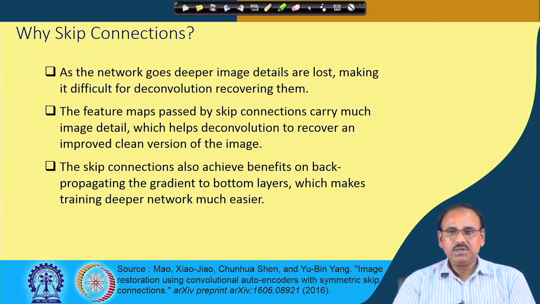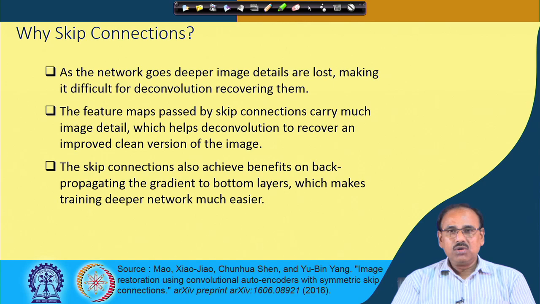So, when the deconvolution layer tries to upsample the image, it will get that detailed information from its peer convolution layer. So, in the upsampled image, it will try to retain that information. That is how the detailed information in your restored image will also be maintained.